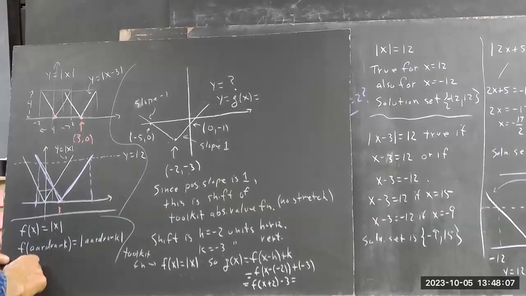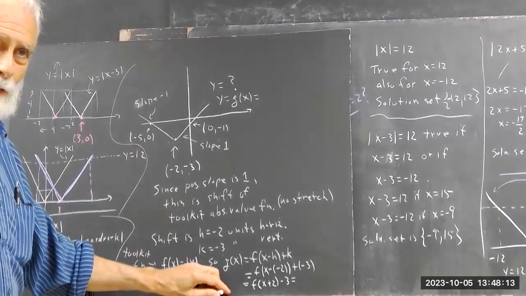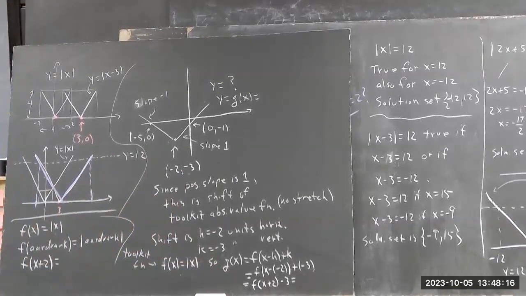Okay, so what is f of x plus 2? Can I ask you to just write that down and see if you understood what I just said? Because it's not easy. And every time it's a different function, it seems like it's different, but it isn't. You're just replacing x.